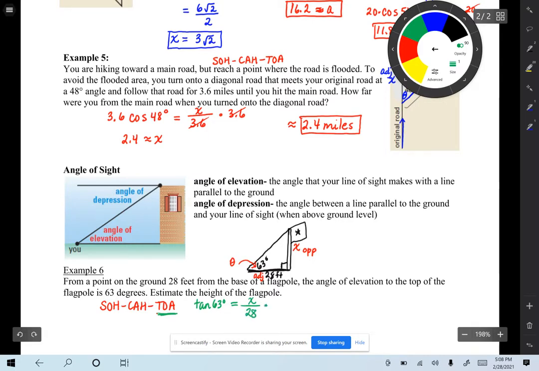Multiply both sides by 28. 28's cancel, and you're left with 28 tan 63 degrees. So do 63 degrees in your calculator, hit tangent, then times 28, and you're going to get x to be about 54.8 something, and I just rounded it to 55. So the flagpole is approximately 55 feet.